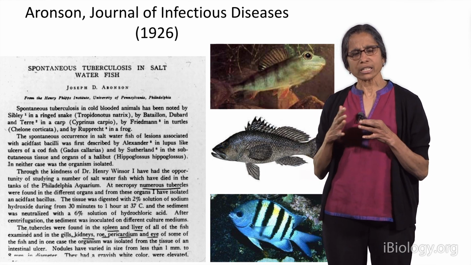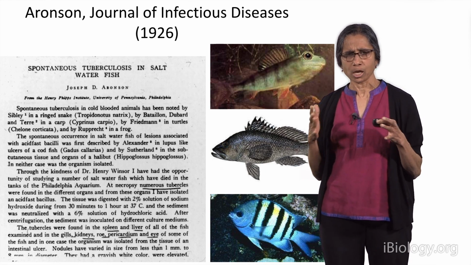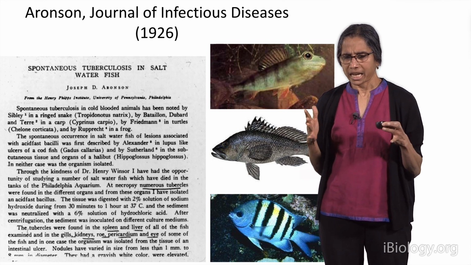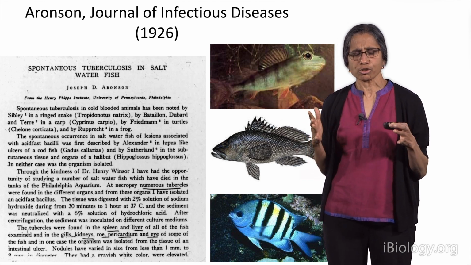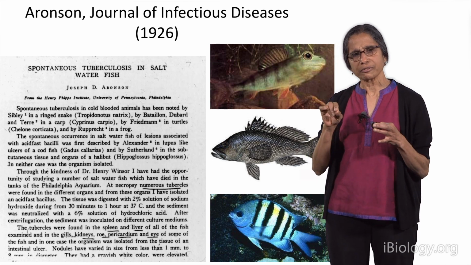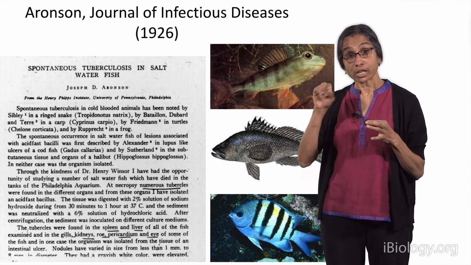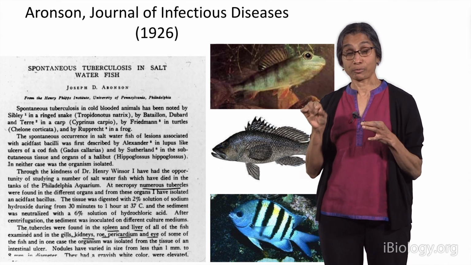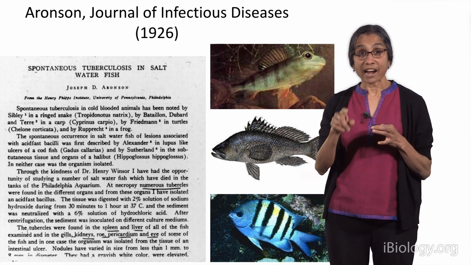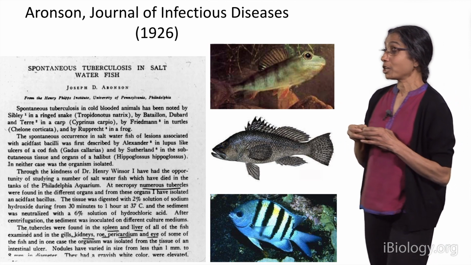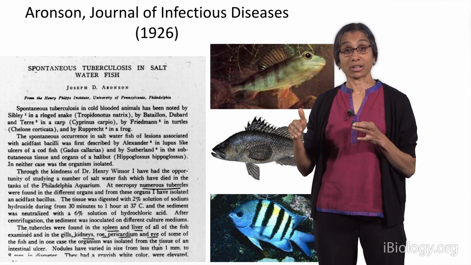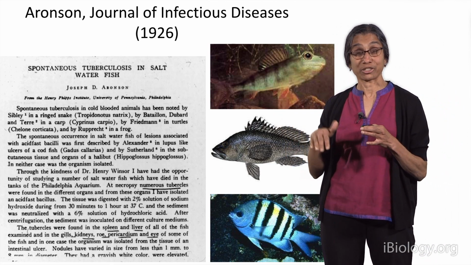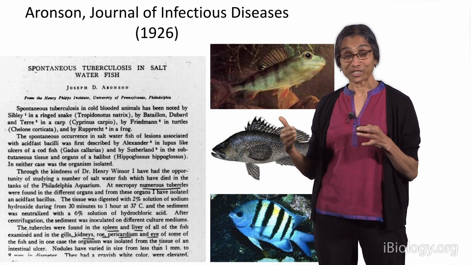And when they tried to culture these fish to see what bacterium they had, why were they dying, they couldn't culture anything. But when they looked at the fish by histology, they could see these classic red snapper bacteria that looked very much like TB. And then Aronson had the bright idea to try to do the cultures at a low temperature that was commensurate with the low body temperature of the fish.